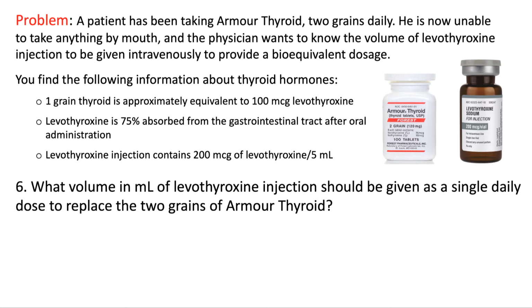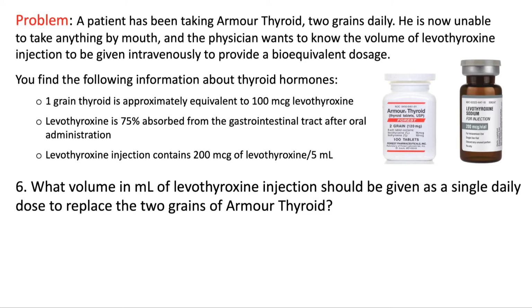Sometimes the body just doesn't absorb the full amount. So what we're saying in this case, that whatever amount we take orally, only 75% of that dose actually makes it into the bloodstream. And then lastly, the concentration of the levothyroxine injection that we're using contains 200 micrograms of levothyroxine per 5 milliliters. Okay? So, wow, that's a lot of information.